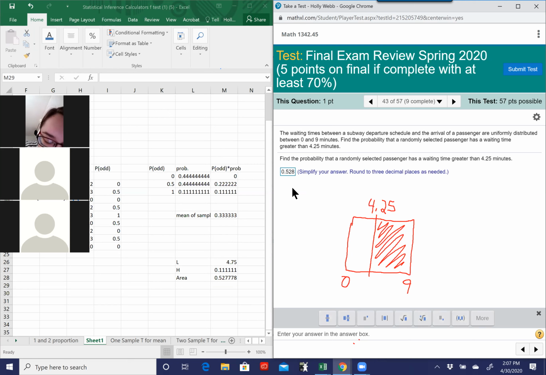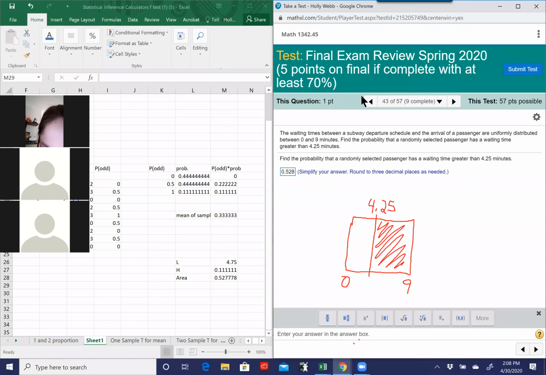Glad we did that one. I did not remember that. Okay, does it make sense now? Yeah. If I would have done this, I would have tried to somehow put it in a normal curve. So look carefully for what kind of distribution it is. It might be binomial, it might be uniform, right?